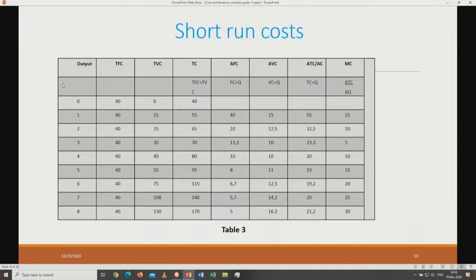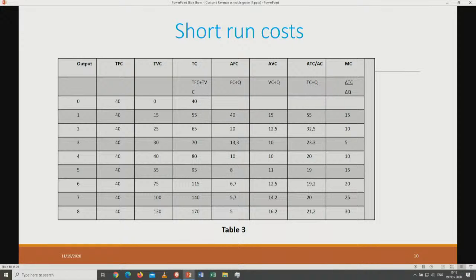Right. For 0 units produced, we have nothing there. But let's look at this one. It's what we call the marginal cost for the first item that we are producing there. Number 1, what is our total cost? Our total cost there is 55. Are we together? Do we understand each other?